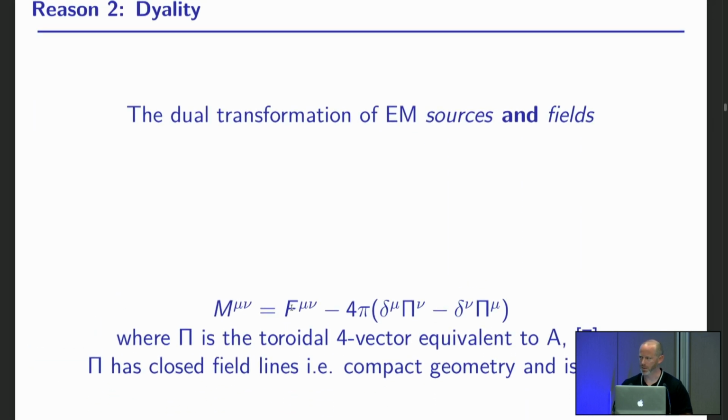Okay, the second reason, though, is that Dubovik, in his dual potential formalism, defines diality. I don't think he was the first one, but his formalism is a neat package for dealing with this 5-dimensional energy surface. And diality is just the dual transformation of both electromagnetic sources and fields.